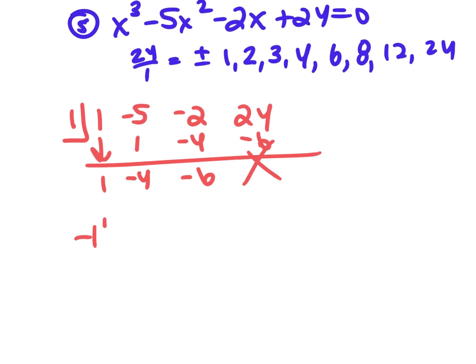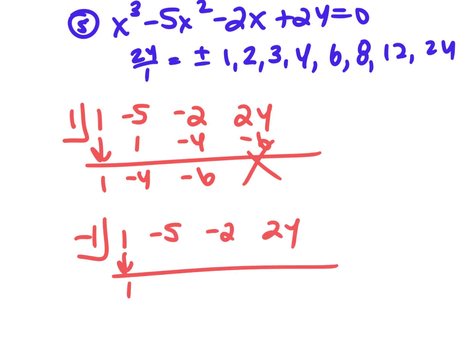Let's try -1. 1, -5, -2, 24. So bring down your 1. 1 times -1, -1. -5 and -1, -6. -6 and -1 is 6. -2 and 6, is this going to give me a remainder of 0?